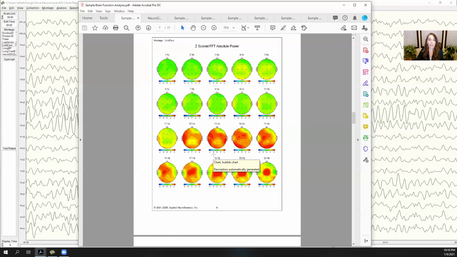So for example, this is our nose, these are our ears, we're looking down on the top of the head. And we see here that this individual is showing too much of 12 hertz in that left temporal part of the brain, so behind that left ear, and some on the right as well. This would be in the back of the brain and some of the visual regions, also related to some of our brainstem activity and emotion centers.